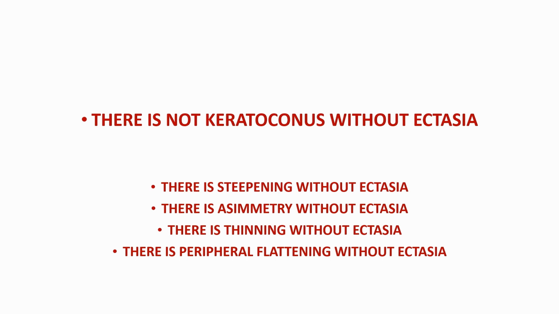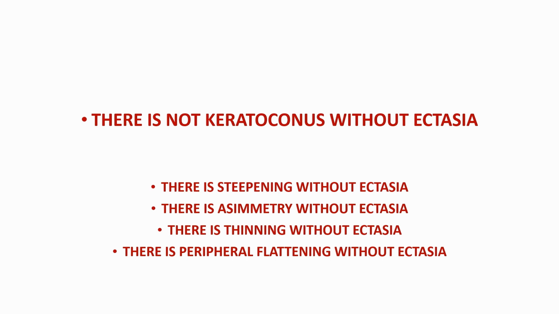So when we combine different parameters, in this case asymmetry and a steeper progression, we begin to have the possibility to get keratoconus. So there is not keratoconus without ectasia, but there is a steepening, there is asymmetry, there is thinning, and there is peripheral flattening without ectasia. So not everything that glitters is gold.